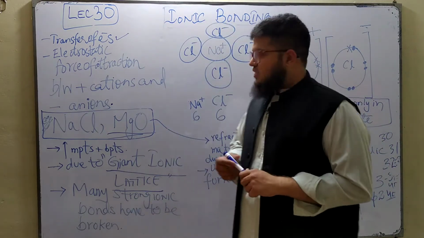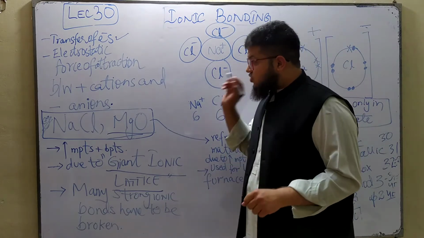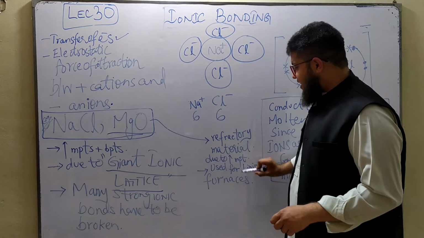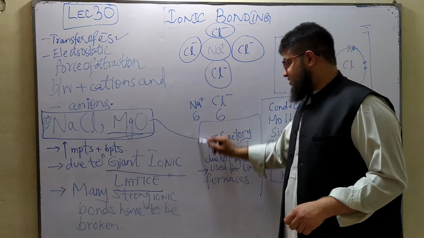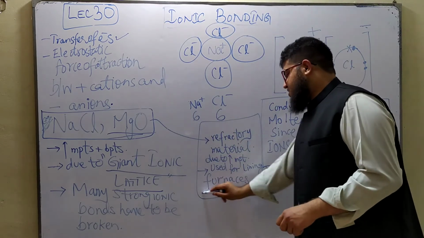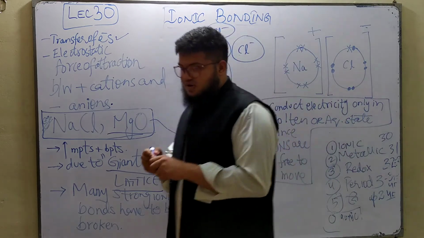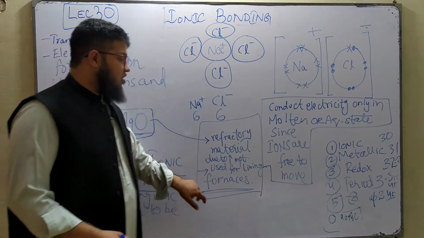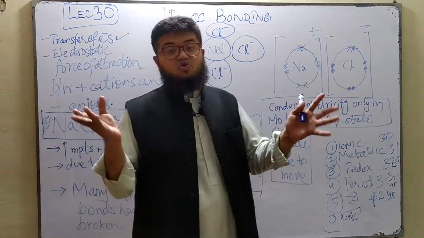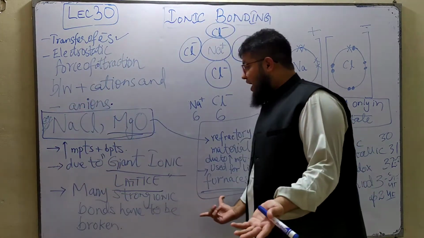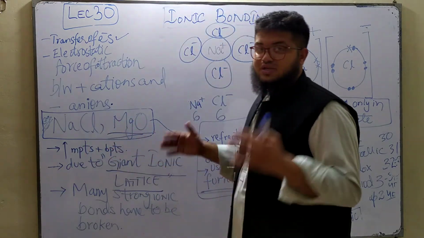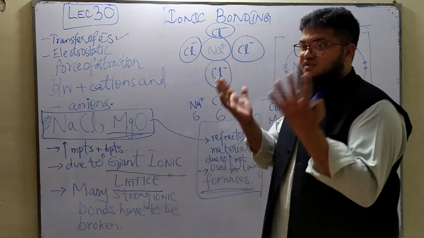The common use of magnesium oxide, due to its high melting point, is that it can be used to line furnaces, the furnaces which are used for baking bricks. They have a very high temperature of around 2000 degrees Celsius, and the melting point of magnesium oxide is slightly above that, so it can resist that high temperature in the furnaces.